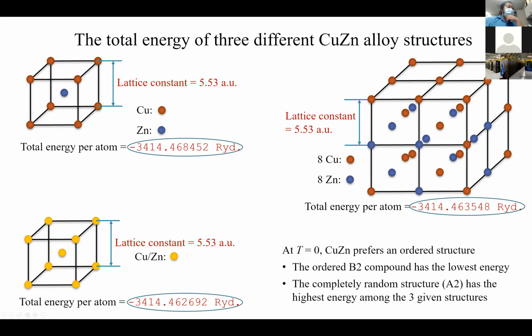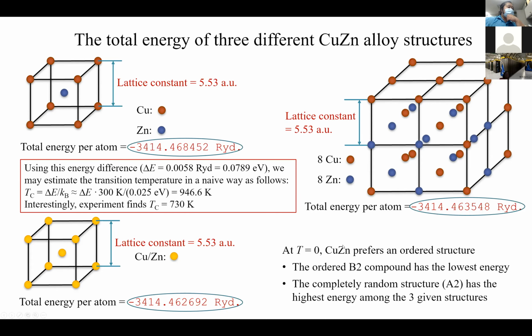All right. Another thing you may consider is the energy difference between this ordered structure and the random structure, because this represents a random structure. The energy difference is about 5.8 millirydberg, and in eV it is 0.0789 electron volts, right? So we can estimate the order-disorder transition temperature, because this means order, this disorder, right?